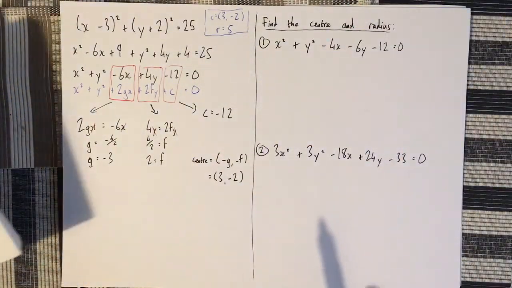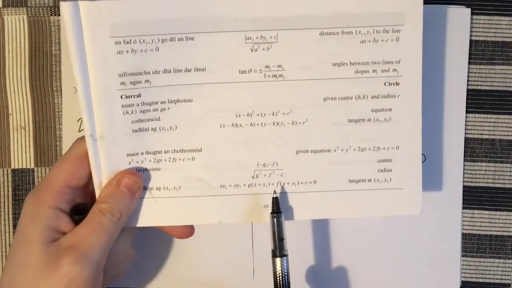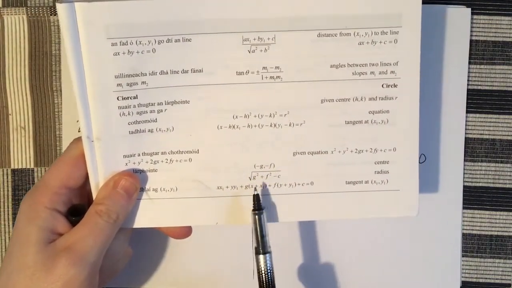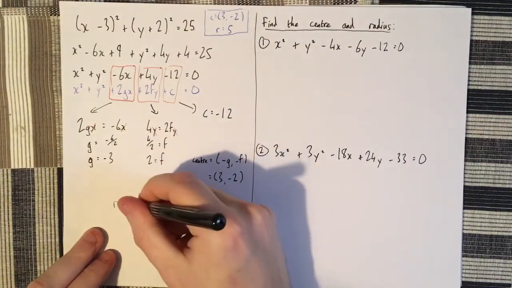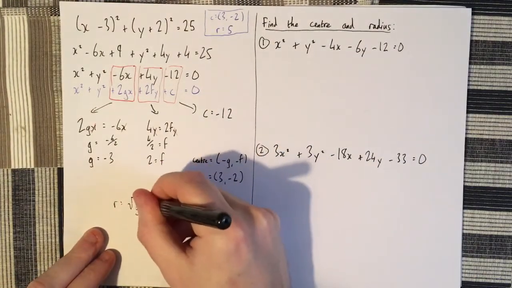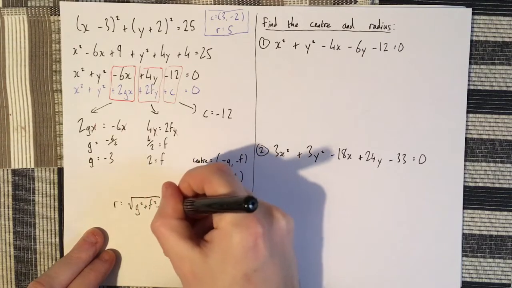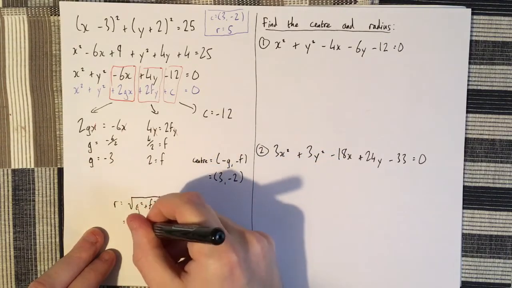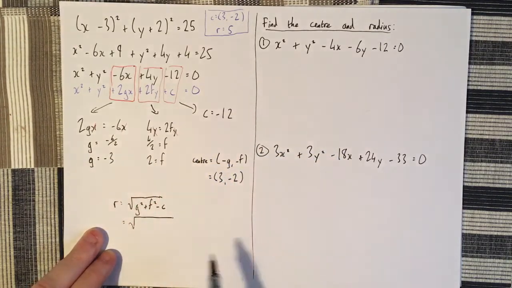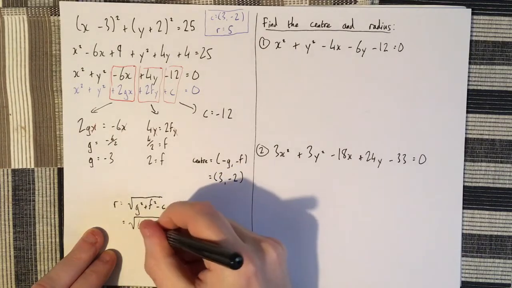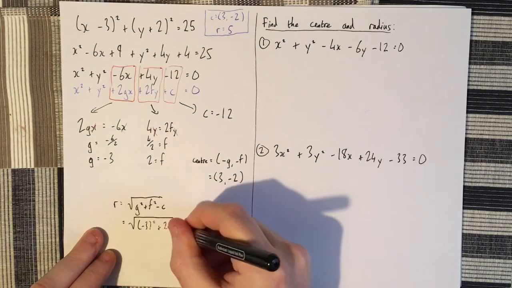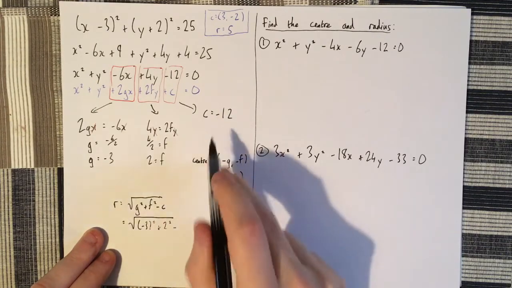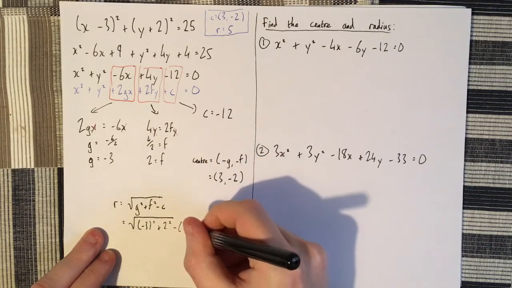All right. The radius then, so to get the radius, I need to do the square root of g squared plus f squared minus c. So g is minus 3, so it's minus 3 squared plus f is 2 squared, minus c then is minus 12, so it's minus 12.